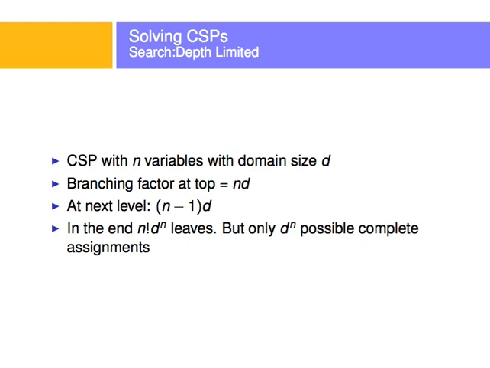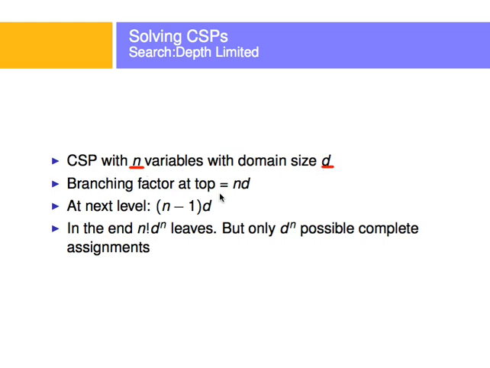Well, we can search if we have a way of searching this, right? We can do a depth-limited search in a constraint satisfaction problem with n variables. For example, in the Australia puzzle, we have 6 variables for the 6 states, and each state has a domain size d. In the Australia puzzle, this is 3, right?